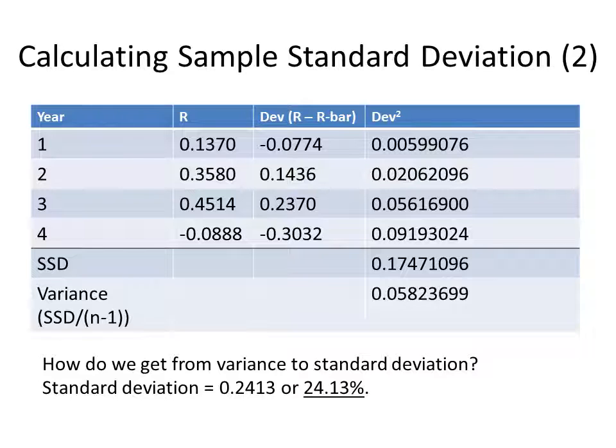Now I've rounded that to 4 decimal places because that's our final answer. And when I put it into percentage format, it's going to be 24.13%. And remember, in this class, we're always looking for 2 decimal places, whether it's on money or on percentages. So 24.13% would be your final answer for what is the standard deviation of this set of returns.